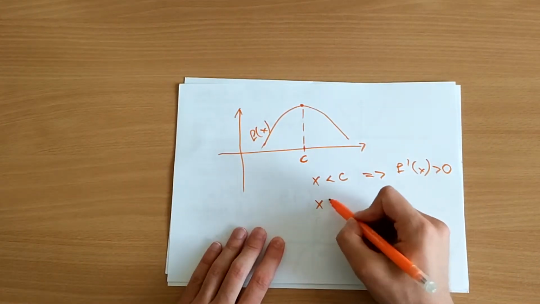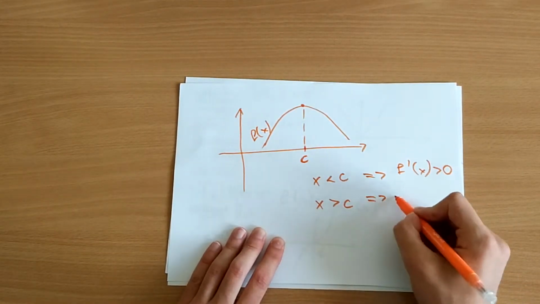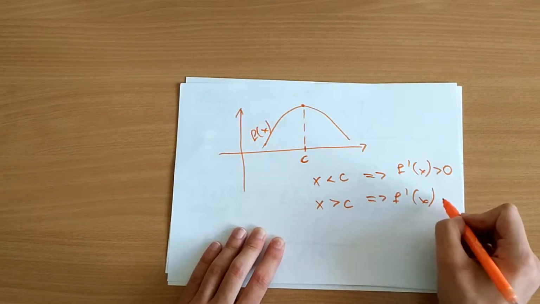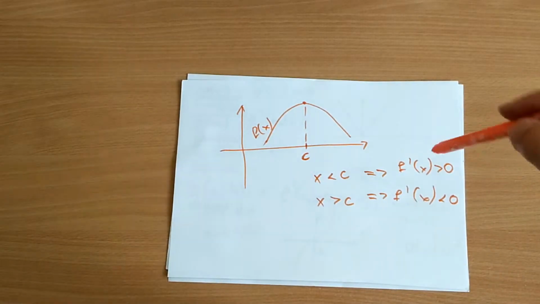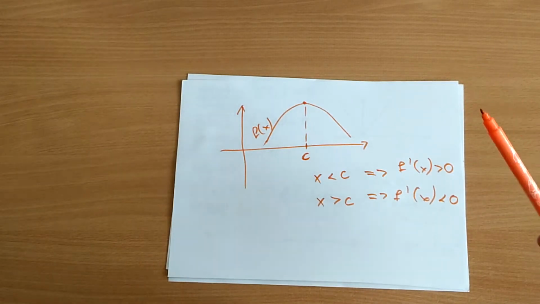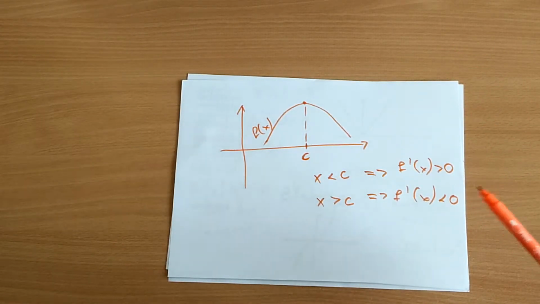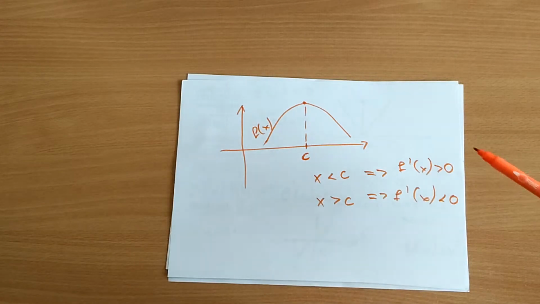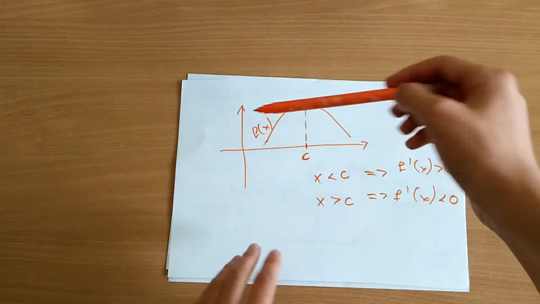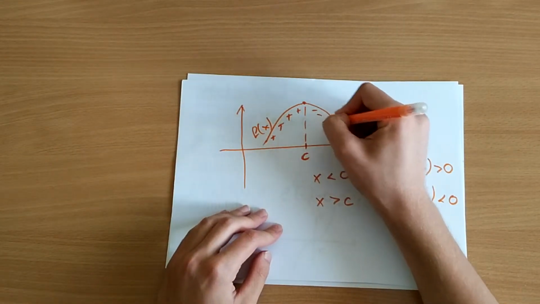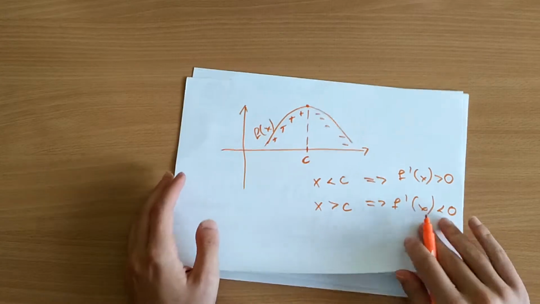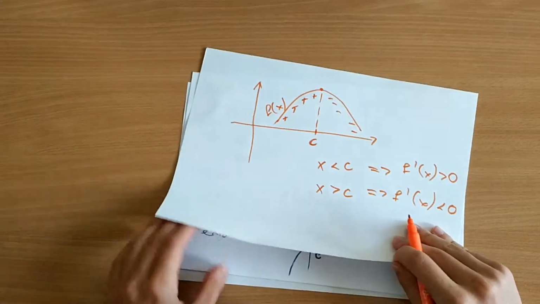So when x is bigger than c, the derivative is negative. This is very interesting. We can see that a local maximum point is any point for which the derivative changes sign from positive to negative.